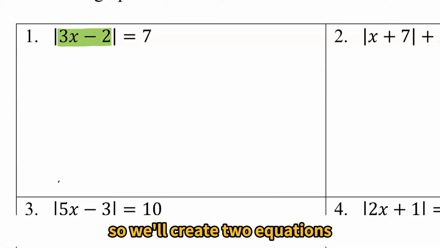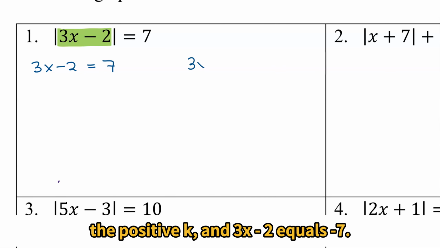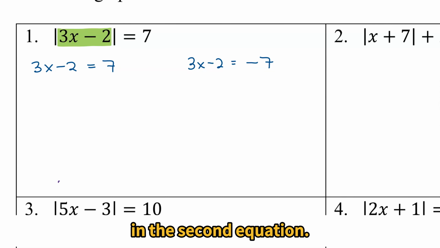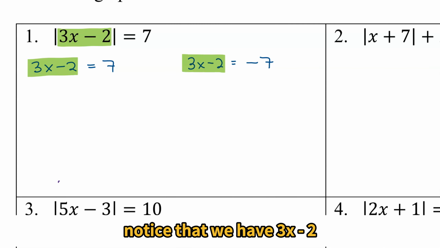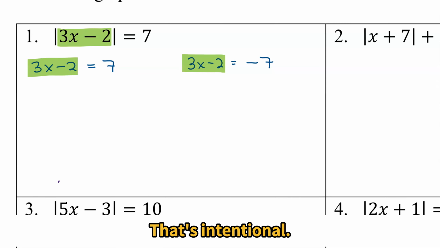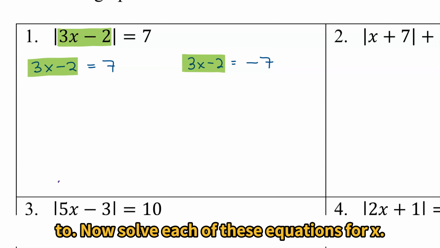So we'll create two equations. 3x minus 2 equals 7, the positive k, and 3x minus 2 equals -7. So we're changing the sign in the second equation. Creating these two equations, notice that we have 3x minus 2 repeating in both. That's intentional, it's on purpose, and it's exactly what the line above is really referring to.